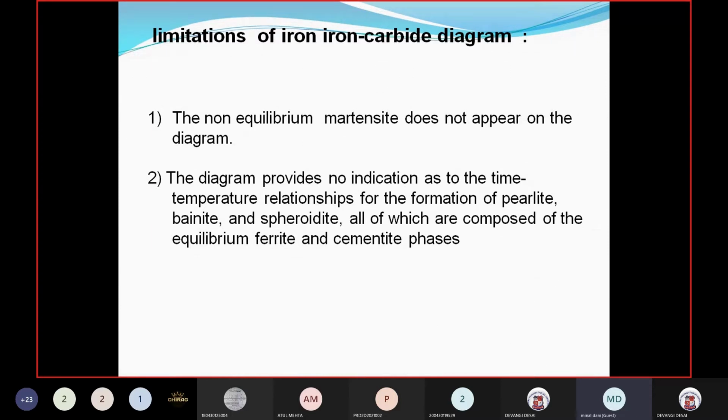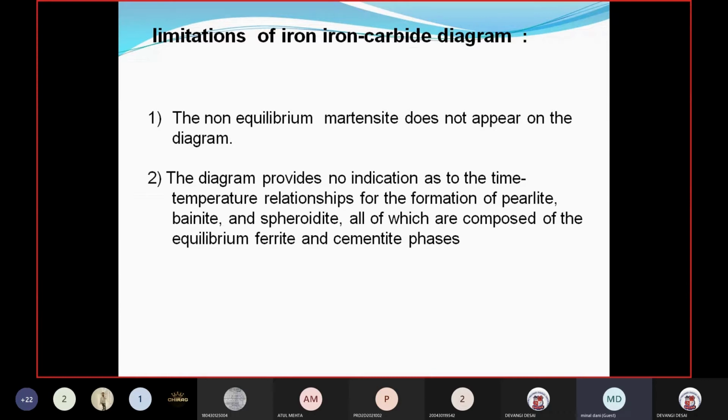So majority, you are aware about the martensite phase. Like martensite, there are even phases like bainite, troostite, sorbite. These phases do not appear in the iron carbide diagram. So that is the limitation. If you want to study the martensitic phase, how can you correlate it with this diagram?